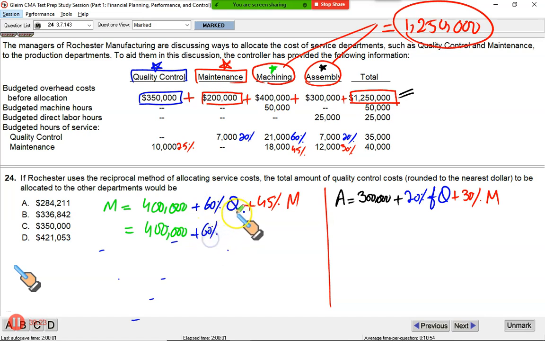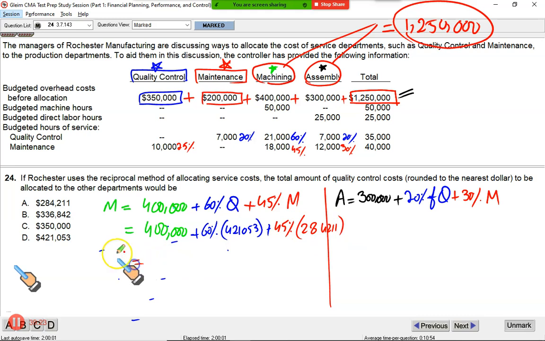Remember, what did we do with Q? We calculated Q to be 421,053 in our previous part, 421,053 plus 45% of M. What was M? We calculated maintenance to be 284,211.